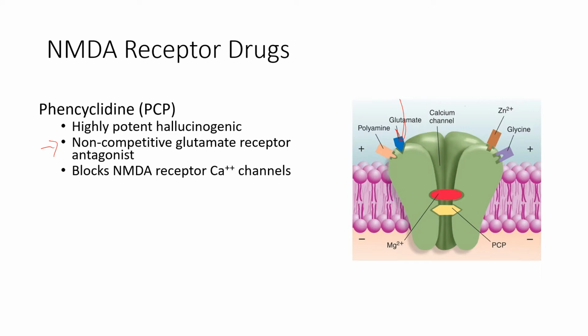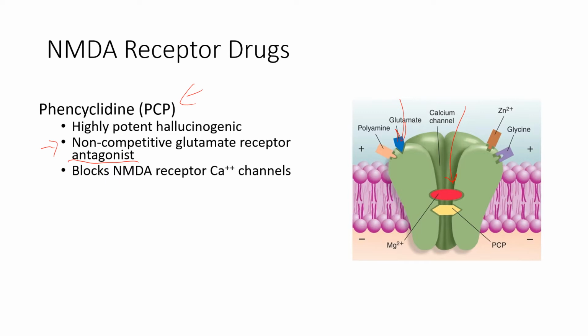Specifically, this one goes into the ion channel and blocks it. So it is an antagonist, meaning it blocks the ions from going through. Specifically, we've got PCP here, a well-known drug, and this one blocks the ion channel, so ions don't go through it.